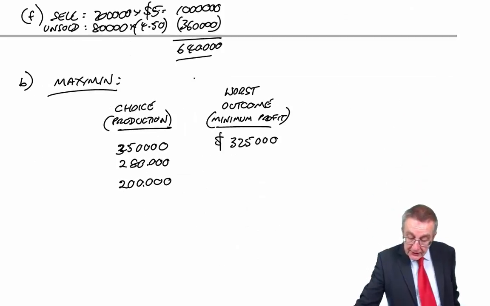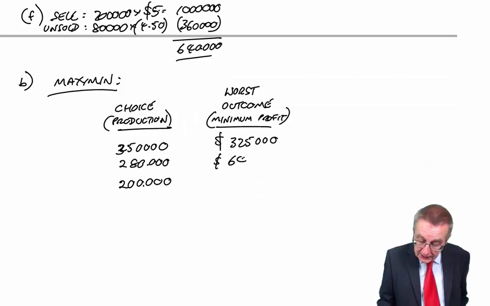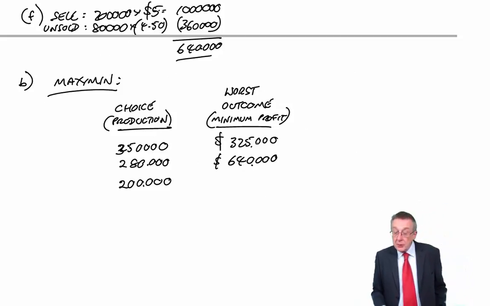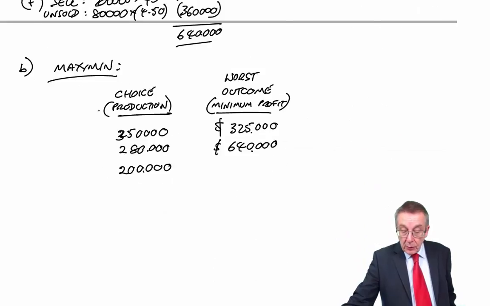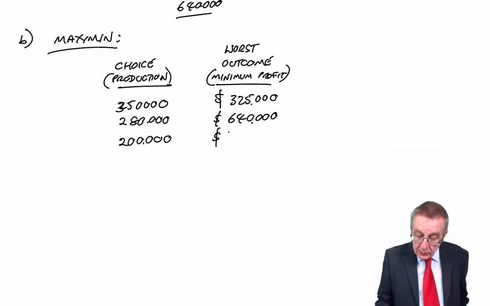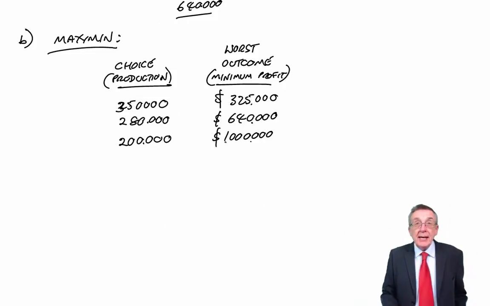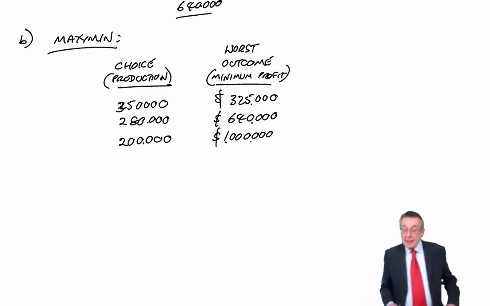The worst is 640,000. And finally, if we go for 200,000 production, the profit's the same, whatever. The worst we can get is 1 million. So in each case, there's the worst that can possibly happen.